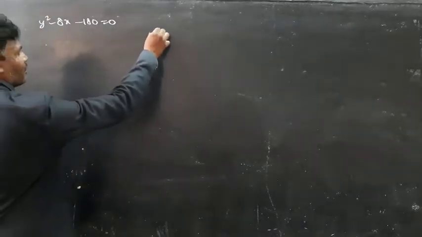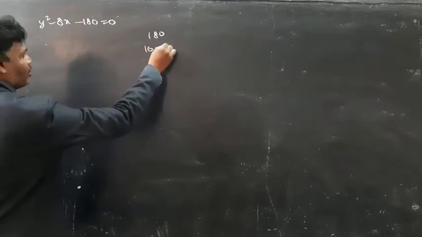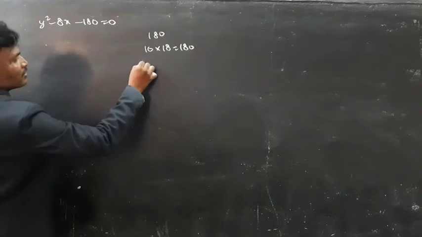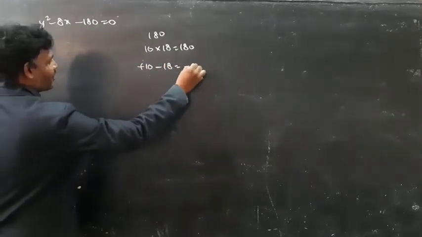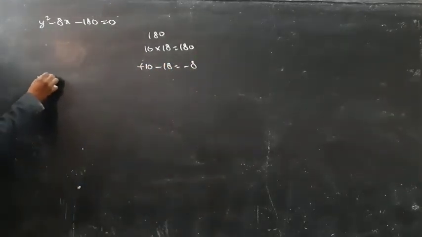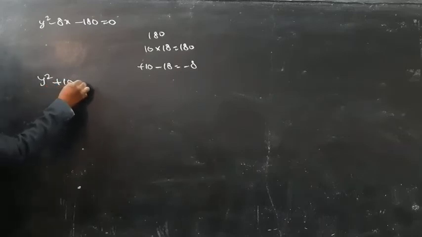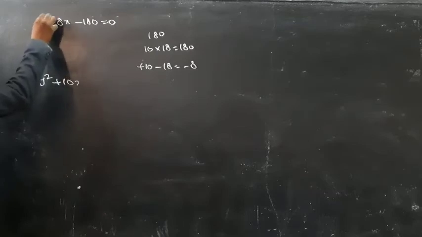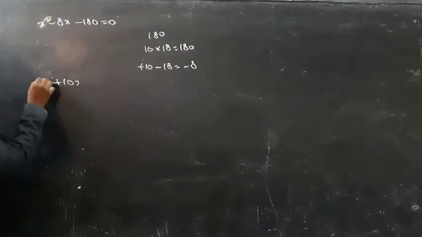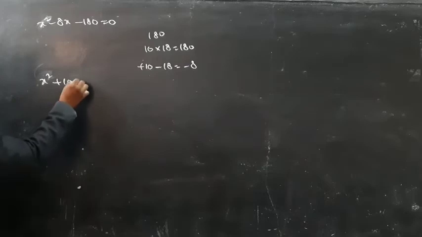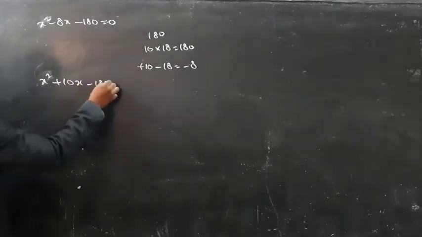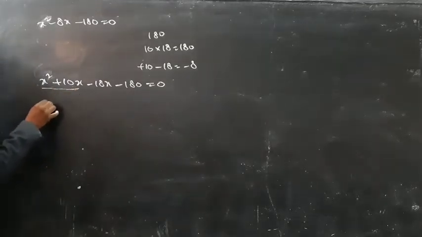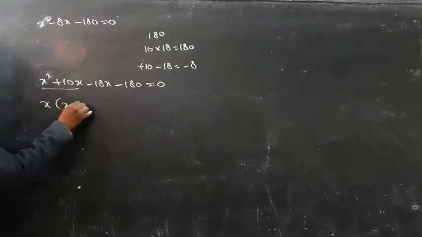Here 180 we can write as 10 into 18 is equal to 180. But I need minus 8, so plus 10 minus 18 is equal to minus 8. So x square plus 10x minus 18x minus 180 is equal to 0. From the first two I am taking x as common: x plus 10.